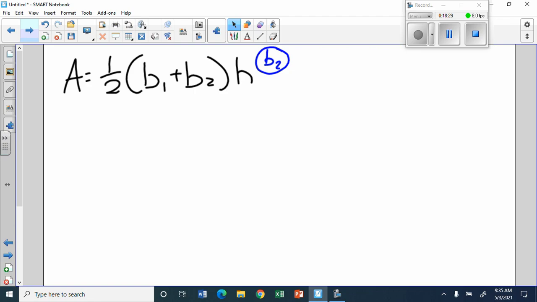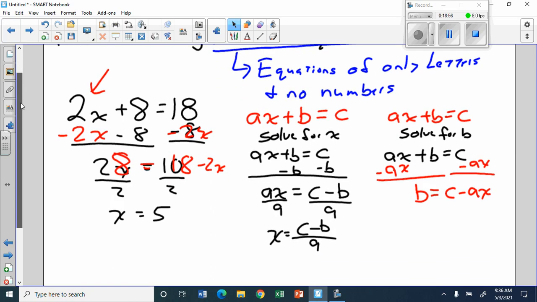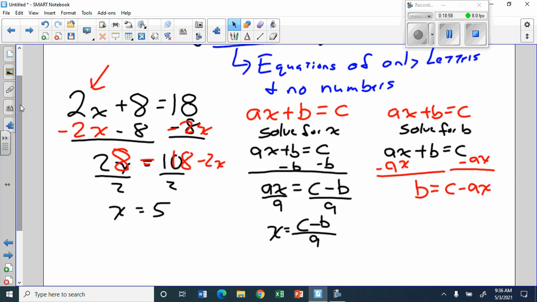Go 30 more seconds to give you a chance. 30 more seconds. Before I solve it, I want to point out a couple things.